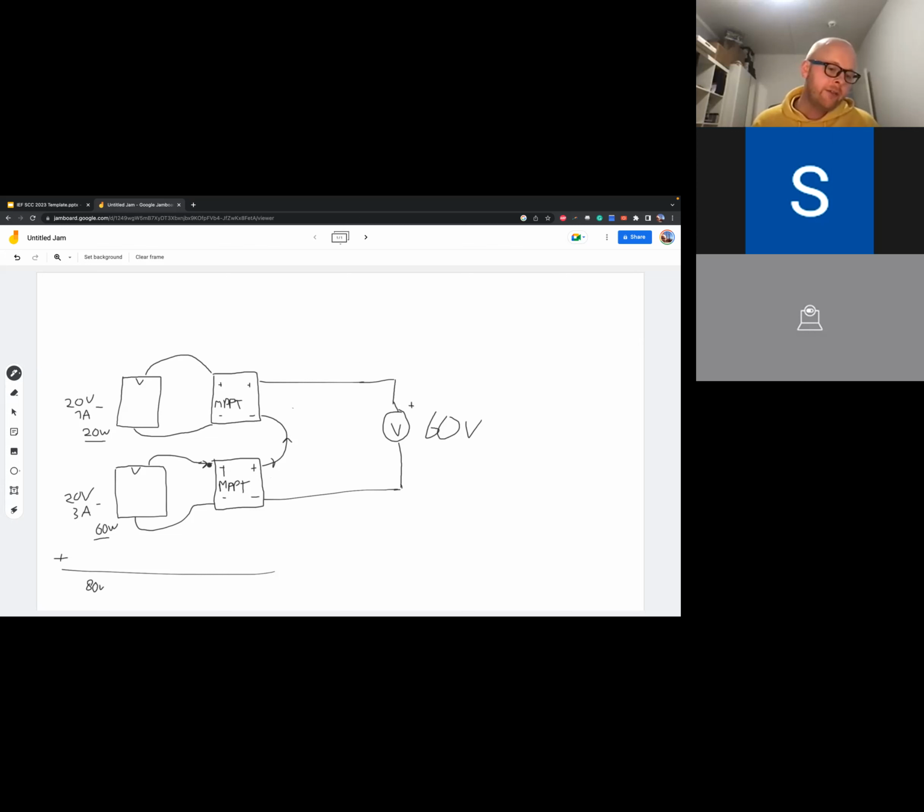So ideally, if everything would work well, your current here would become your total power, assuming everything is 100% efficient. The current here would become 80 divided by 60 volts, where 60 volts is the output voltage, and 80 watts is the input power of all arrays combined. 80 divided by 60 is 1.33 amps.